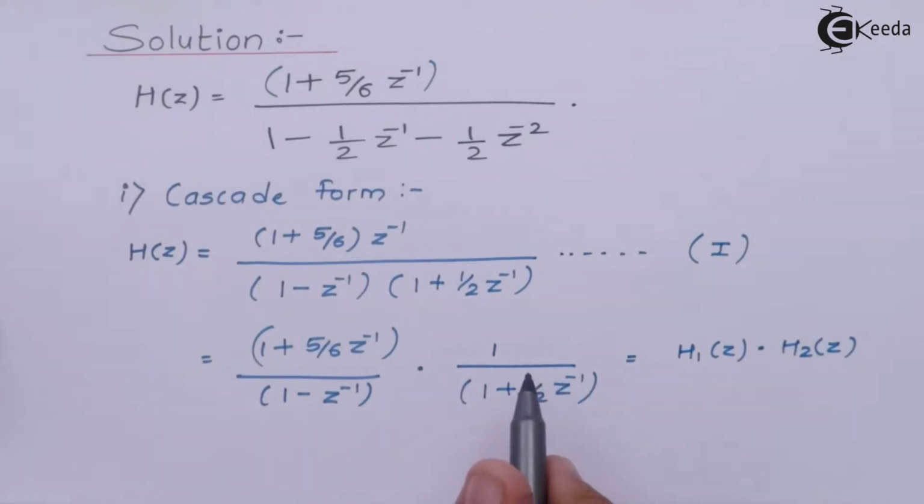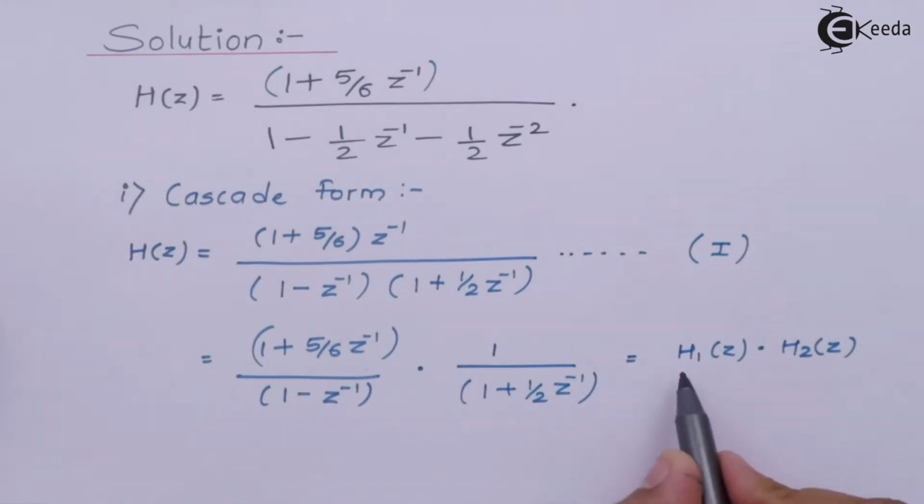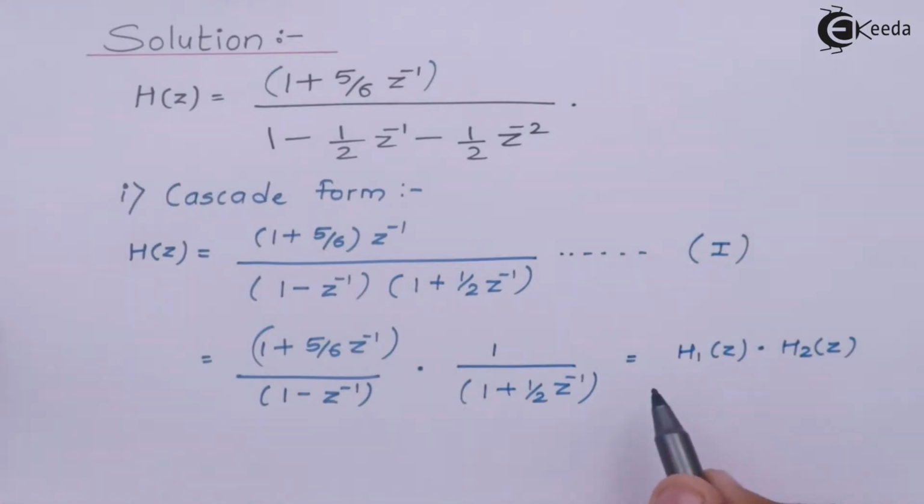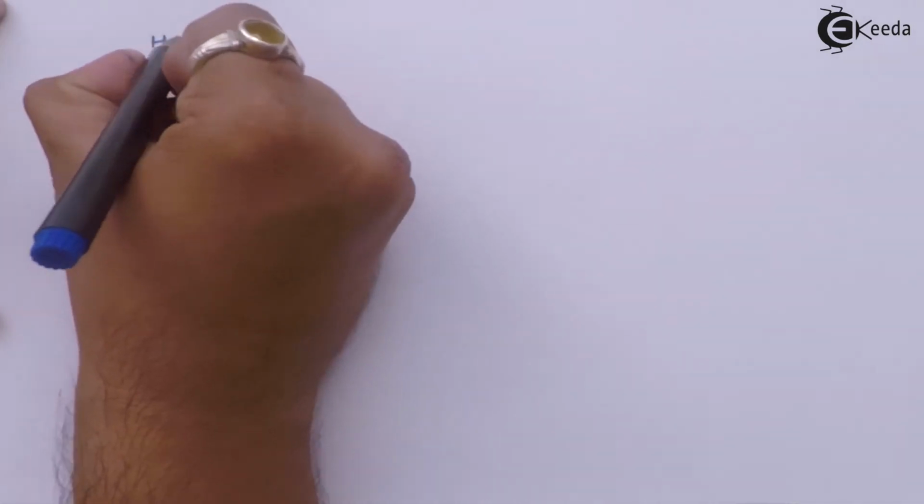Now, as I told you, we will always prefer the direct form 2 structure while designing a cascade as well as a parallel form. Now we will design H1(z) and H2(z) using direct form 2, and I'll connect both transfer functions one after another, in series, or in cascade.